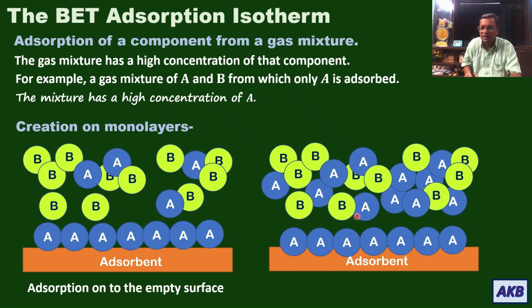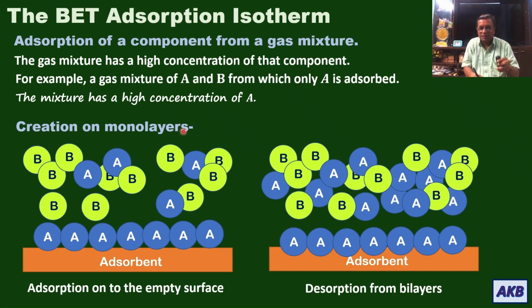Once the bilayer gets desorbed, you are left with the monolayer of gas A on the surface. That means desorption from the bilayer of the adsorbate molecules also results in the creation of a monolayer of the adsorbate molecules on the surface of the adsorbent.